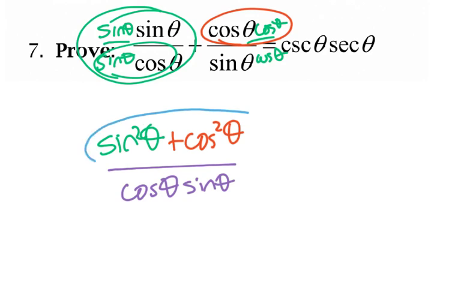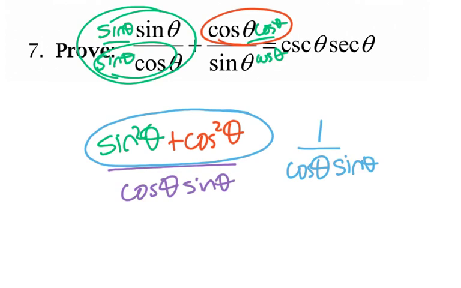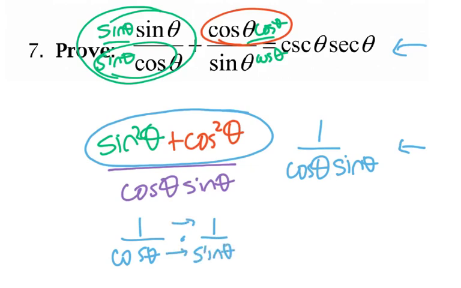Okay, did you think of the Pythagorean identity? Sine squared plus cosine squared is equal to 1. So 1 over cosine theta sine theta. Now keeping in mind that I'm trying to get there, how about if I separate that into 1 over cosine theta times 1 over sine theta? I can do that because that's how you multiply fractions, you multiply the top and the bottom.